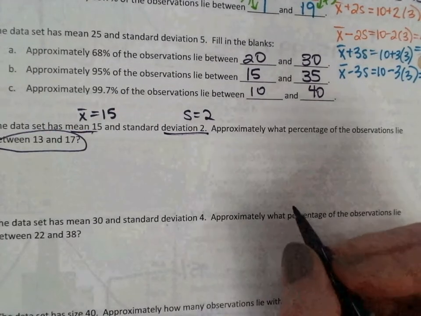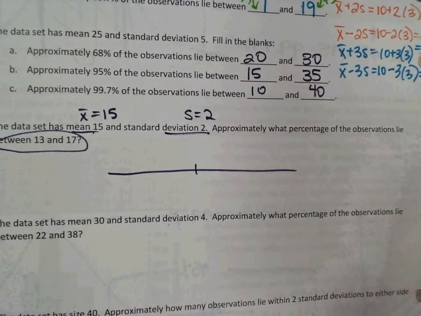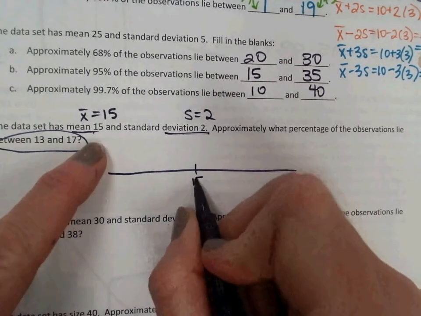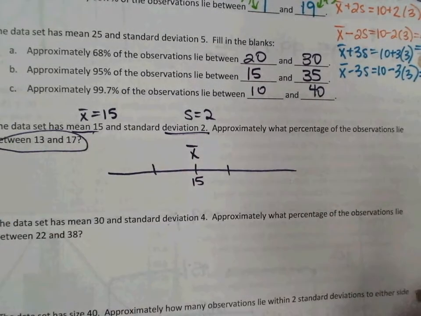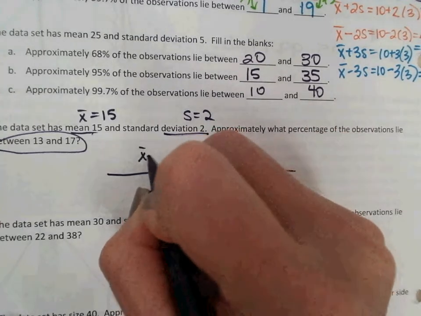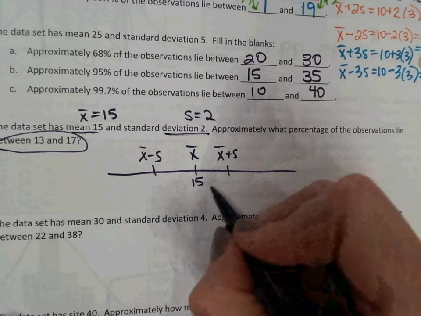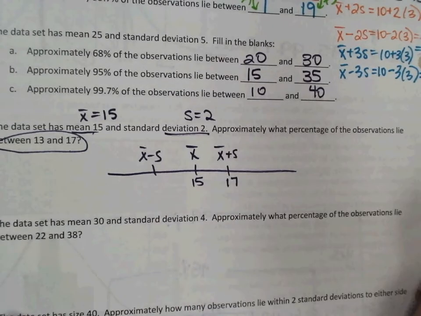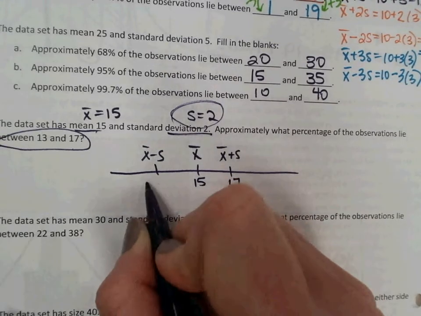We can always draw that horizontal line and put the x bar in the middle. Then we can calculate a standard deviation above and below the mean until we hit these two values. We add the 2 as the standard deviation and subtract the 2 from the mean, and we arrive.